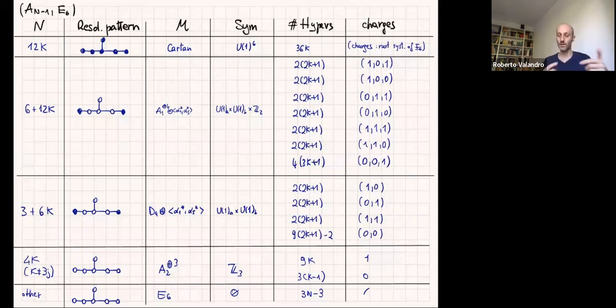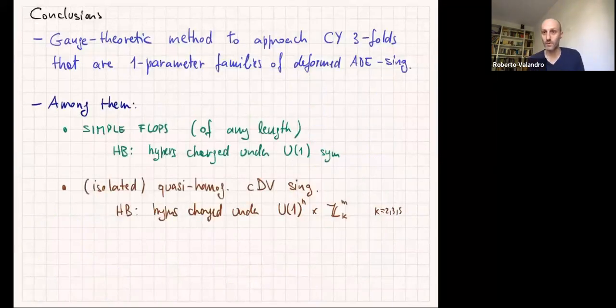You have to compactify on a circle and then mirror symmetrize. Doing this, you will have some line operators that become local operators in the 3D theories, and then you mirror symmetrize, and you get a zero-form symmetry instead of a one-form. Okay, thank you very much for the attention.